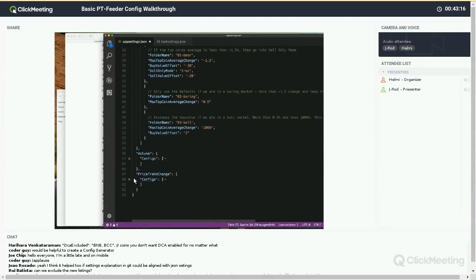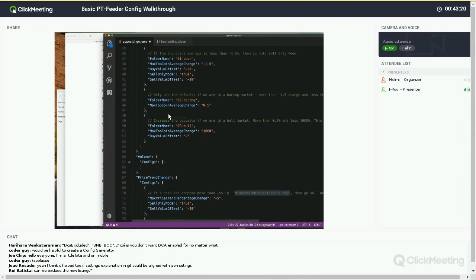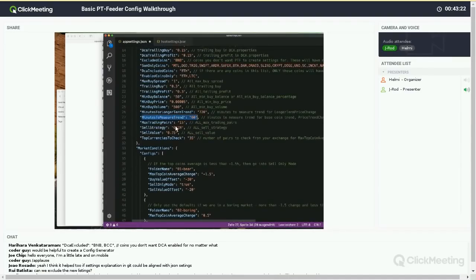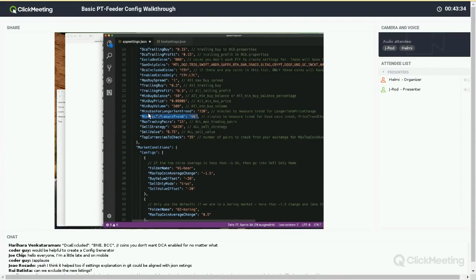The price trend change below here is taken over the shorter term, and we have some single sections for the longer term too. And then we have the new high-low price percentage change thing that takes both into consideration.